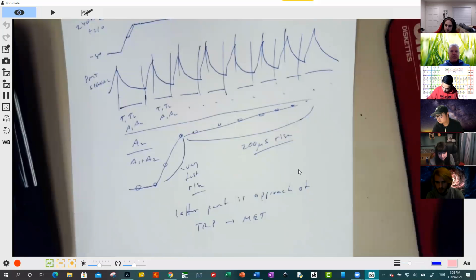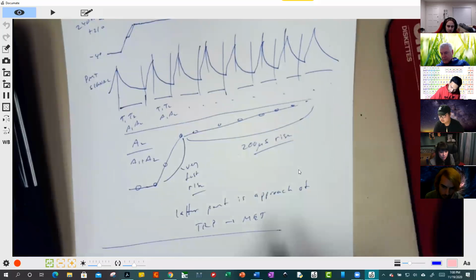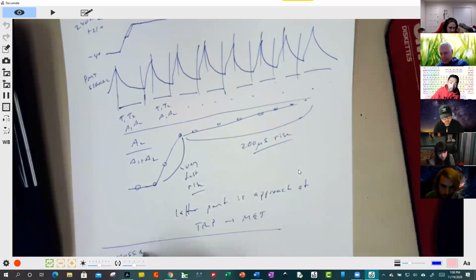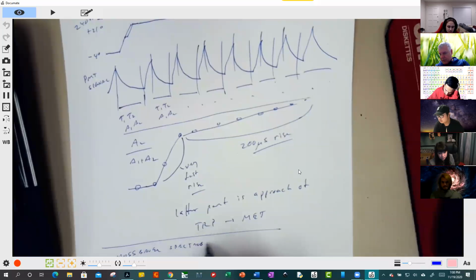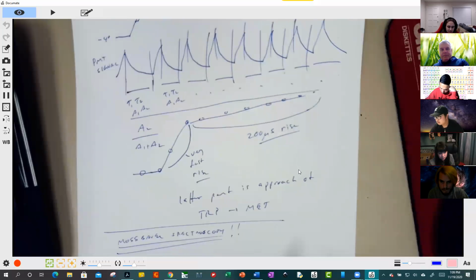So, anyway, what we're going to go on to talk about here is Mossbauer spectroscopy, just because it's fun and cool.